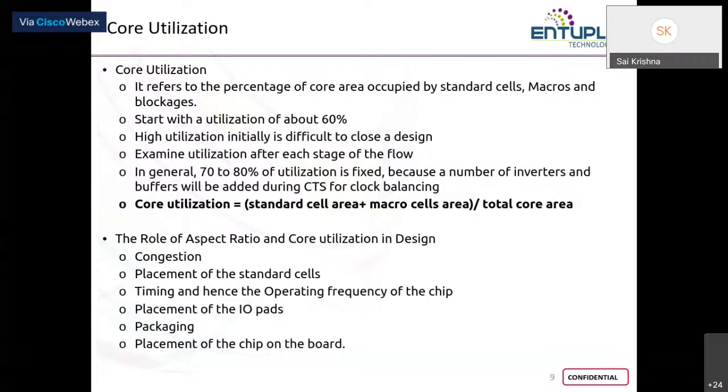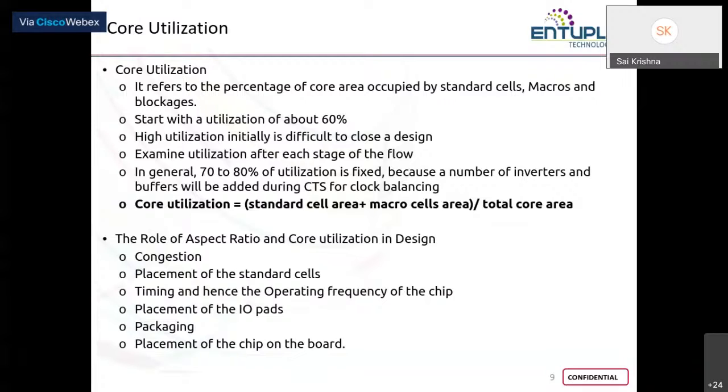So for every data path, you have buffers wherein your timing gets better. It has become a common practice to add these inverter buffers during CTS and routing especially, in order to optimize your design.